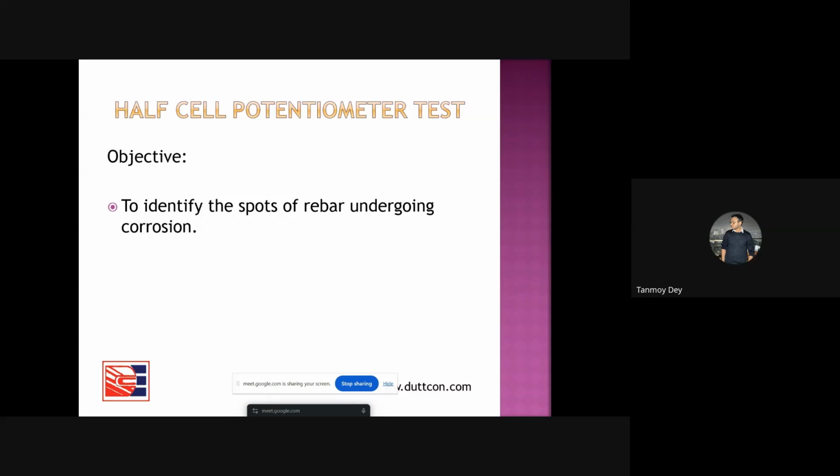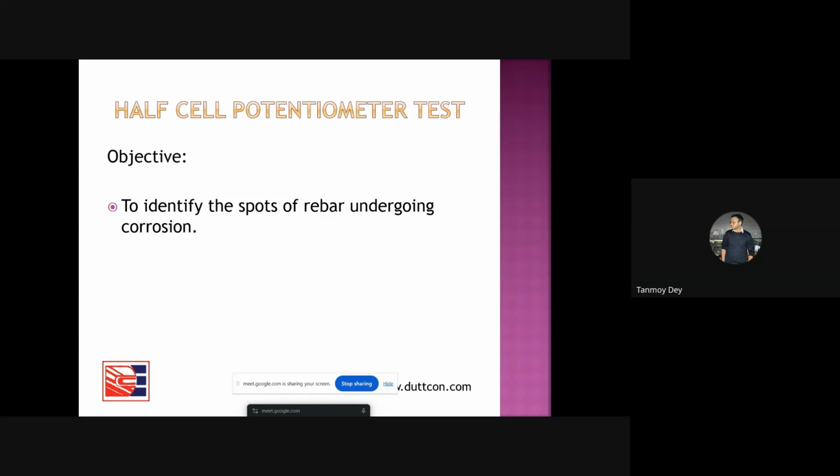What is a half-cell? According to the Nernst equation, E = E0 - (RT/nF) ln, this kind of equation, with some oxidant, reductant and some sort of reaction. So one half-cell is generated through a copper sulfate solution, and one particular portion of the TMT bar is exposed through this structure.